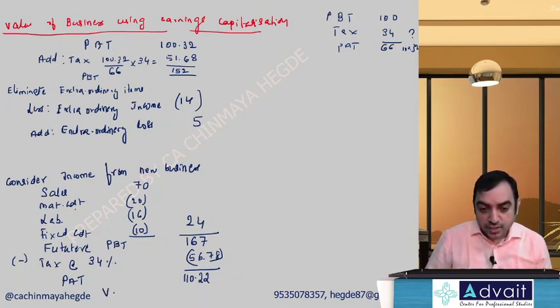And value of business, earnings capitalization method: 110.22 divided by cost of capital. Cost of capital is 12%. Divide by 12%: 918.5.